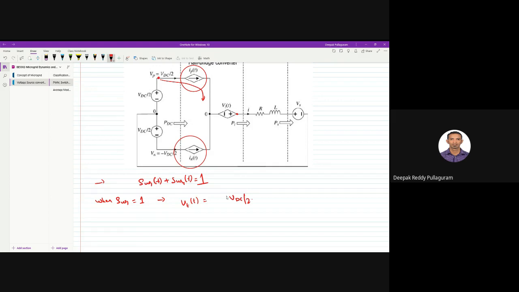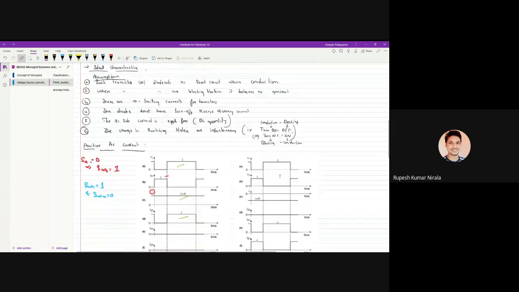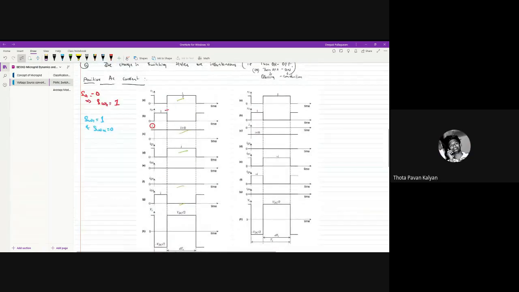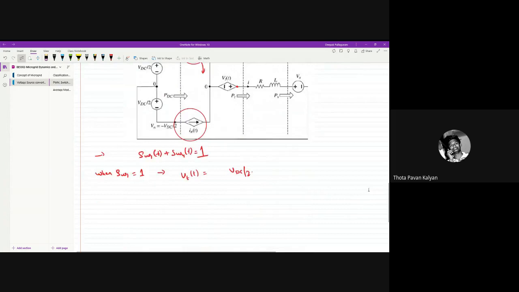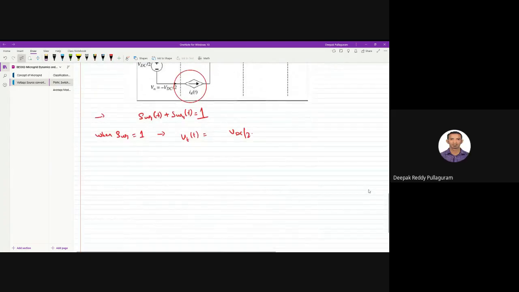Is this valid for every condition or only for a particular condition? For negative supply, positive current. Here SW1 is 1, and here SW1 is 1. What do we have in both cases? For both positive and negative, VDC by 2. So in short, this is valid if IP is equal to I.